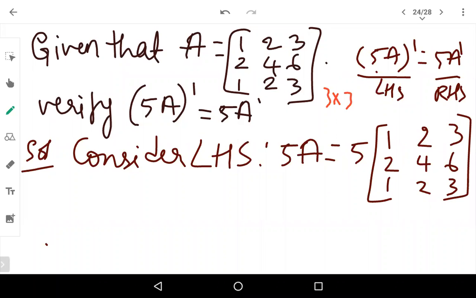Now in the next step, you are supposed to multiply 5 into every number or element of the matrix. Now multiply every element. Tell me the 5A matrix. Give it a try.